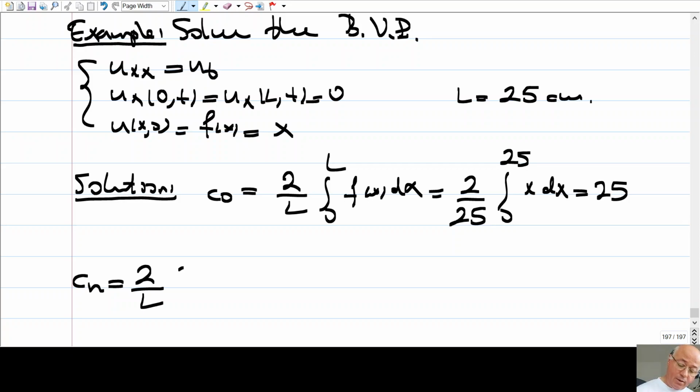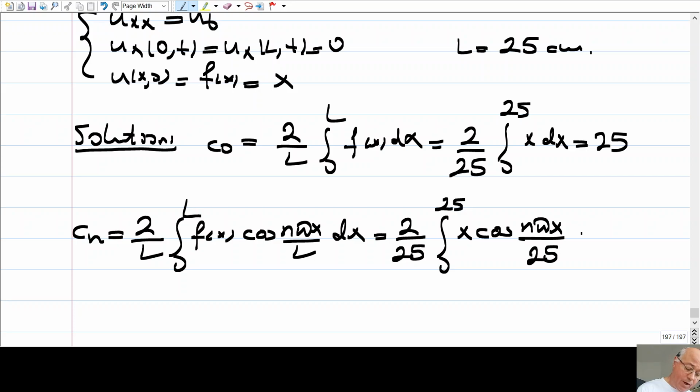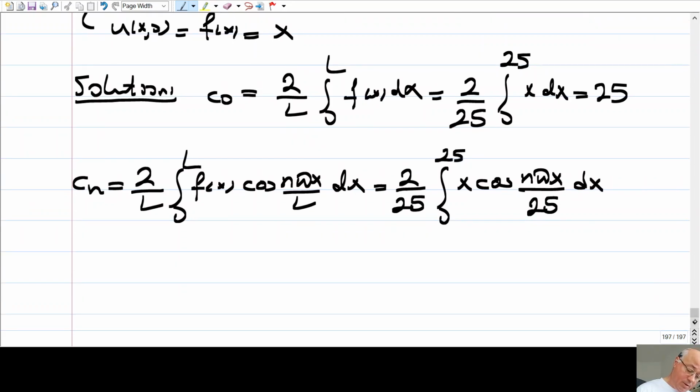Diğer Cn'ler nedir? 2 over L, integral from 0 to L, f of x cosine n pi x over L dx. So it is 2 over 25, integral from 0 to 25 of x cosine n pi x over 25 dx.